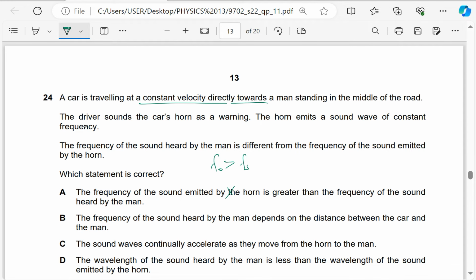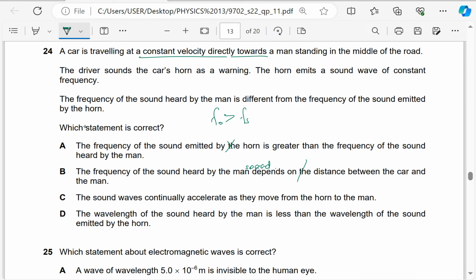The frequency of the sound heard by the man depends on the distance between the car and the man. It depends on the speed and direction where it is moving, not the distance. So this statement is not correct. The sound waves continually accelerate as they move from the horn to the man, but this is moving at a constant speed, so this is not correct. So the answer is most likely going to be D.